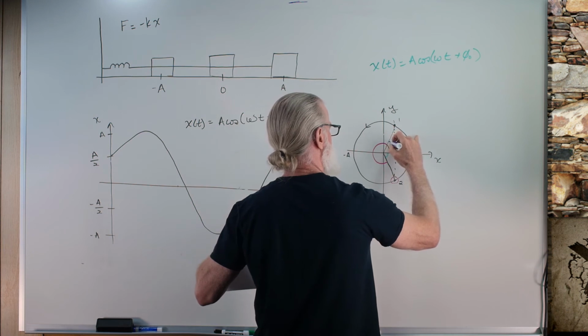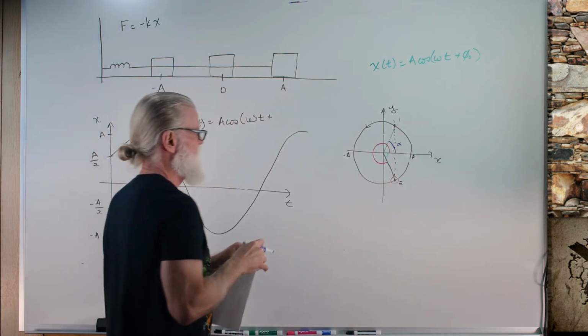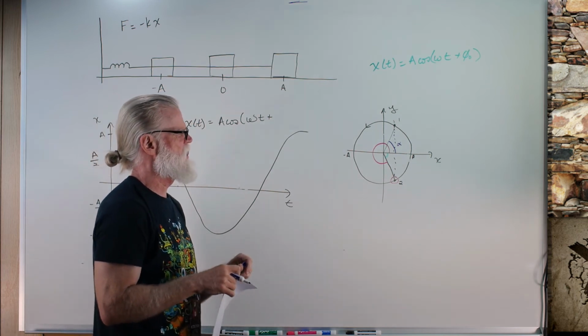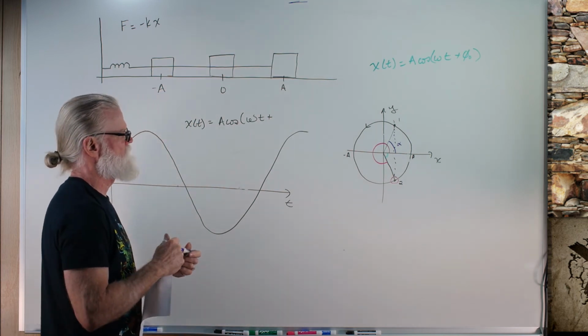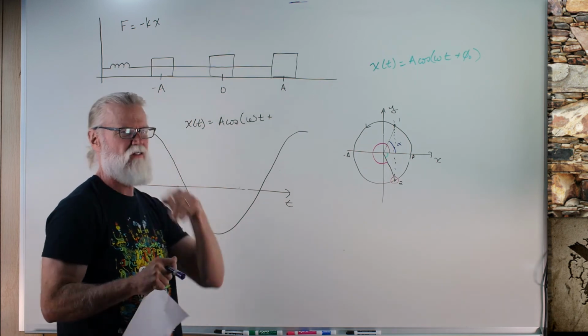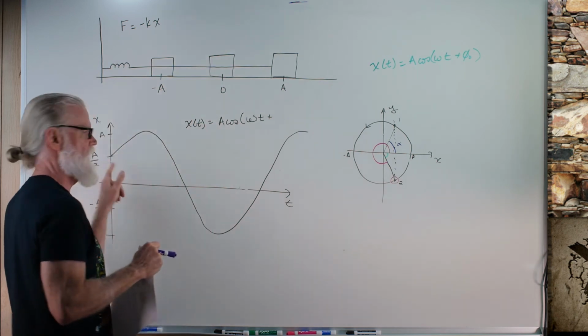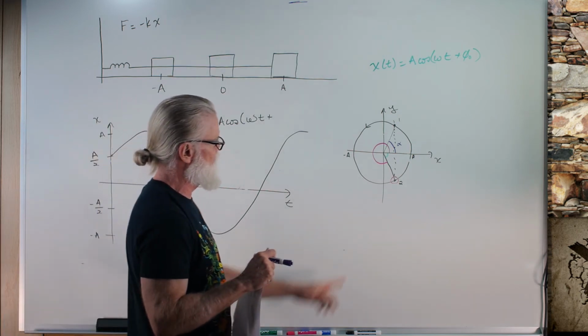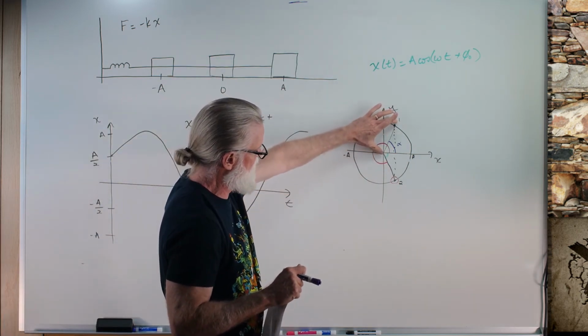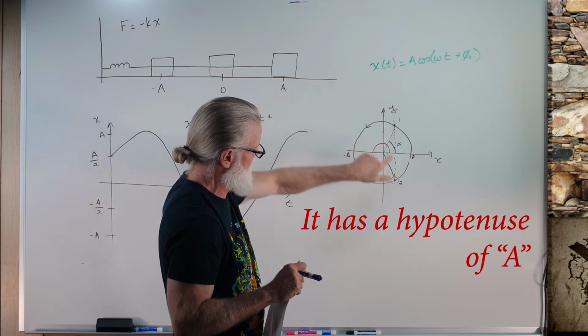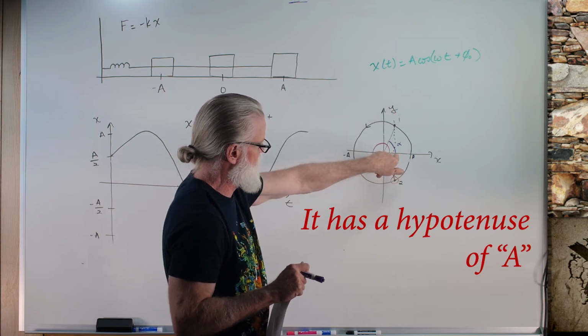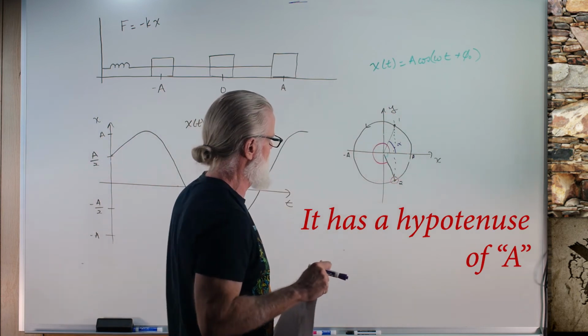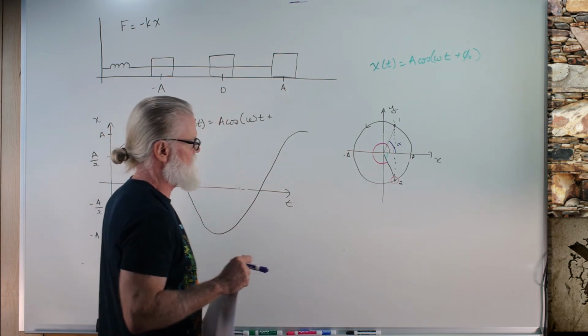I'll call that alpha. What's alpha? The cosine of alpha is going to give you 1/2. This is a unit circle, which has a hypotenuse of 1, and we want to know what that is. We know the adjacent side is 1/2. So, adjacent over hypotenuse, what's that?